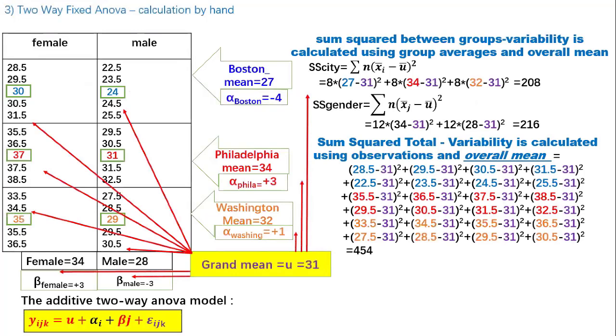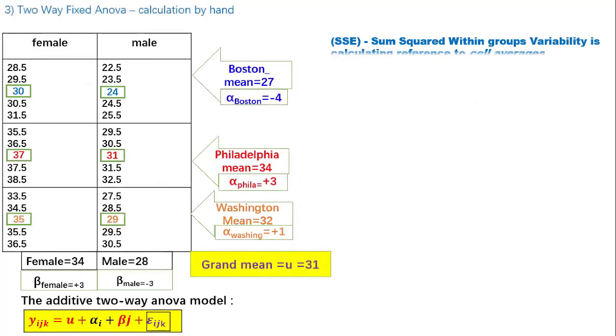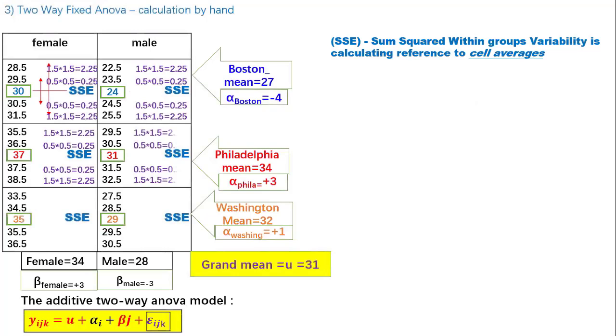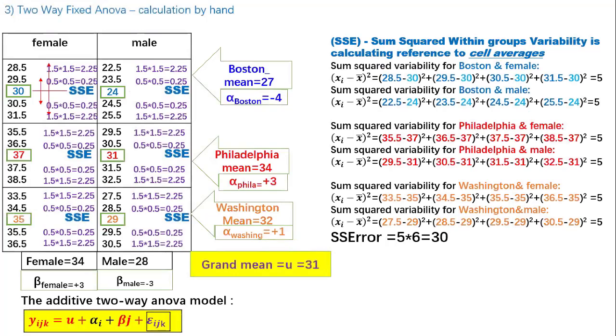And sum square total variability is calculated using overall observation and overall mean, and the sum of them equals 454. And sum square within groups variability is calculated in reference to cell averages. We have 6 sum square of error, and the sum of them equals 30.